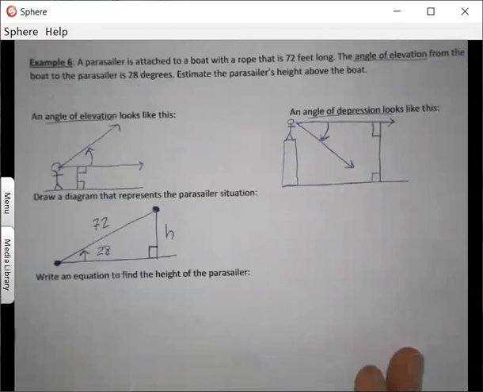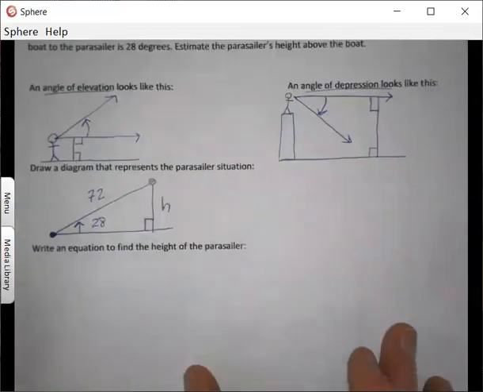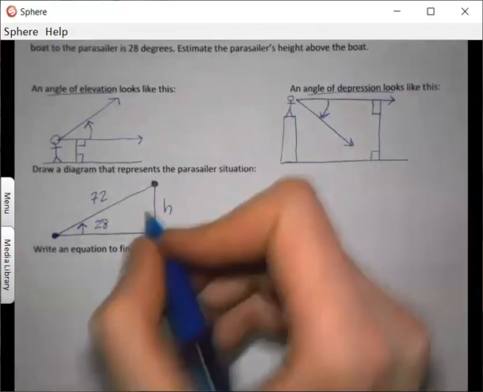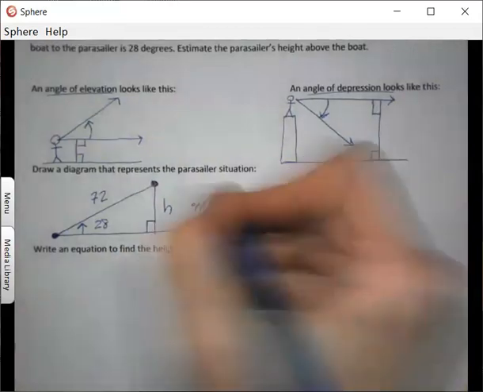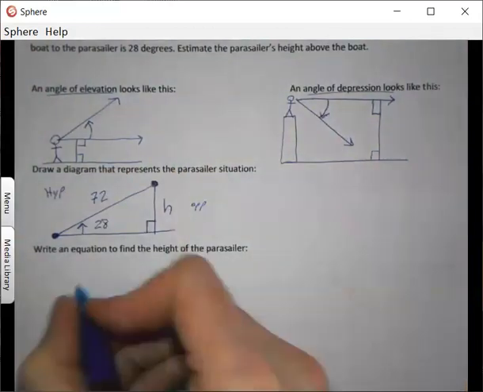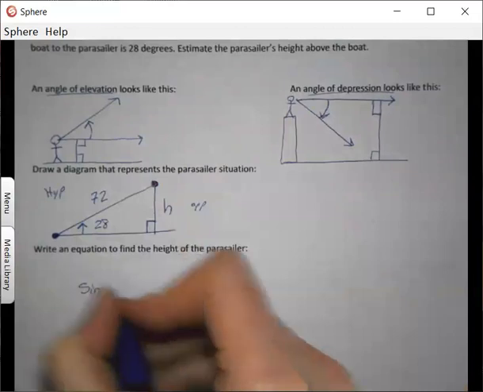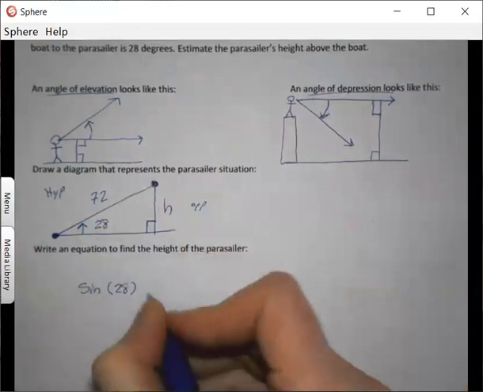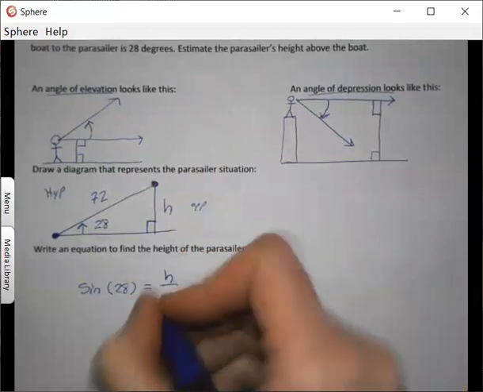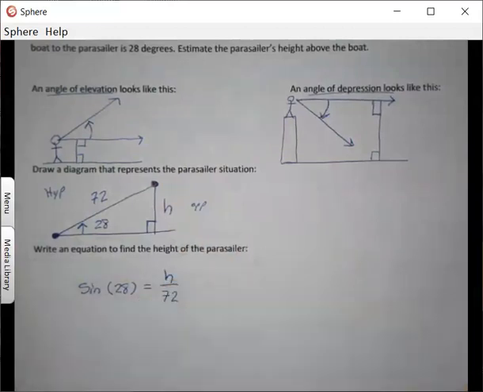So we're going to use our trig function to set up an equation. Again, SOHCAHTOA. Here we have opposite and hypotenuse. Opposite, hypotenuse, sine. So we're going to do the sine of our angle is equal to the length of the opposite side over our hypotenuse.